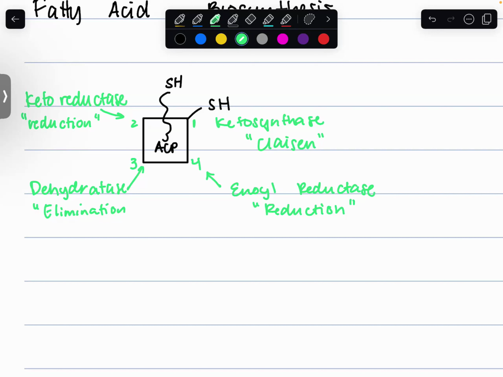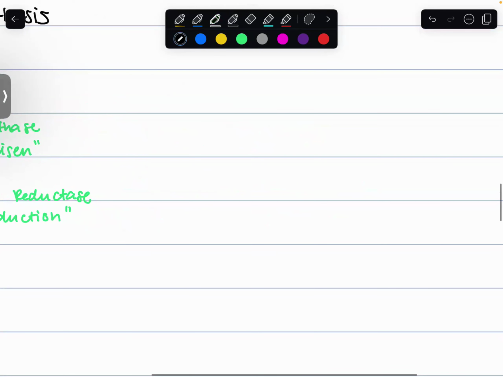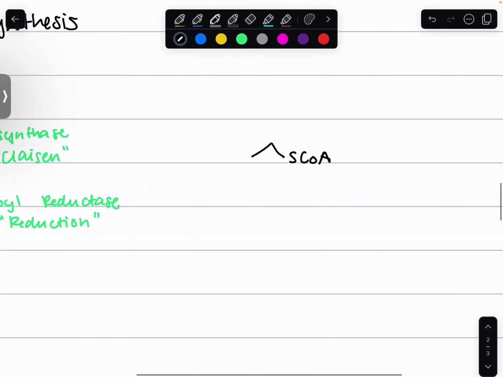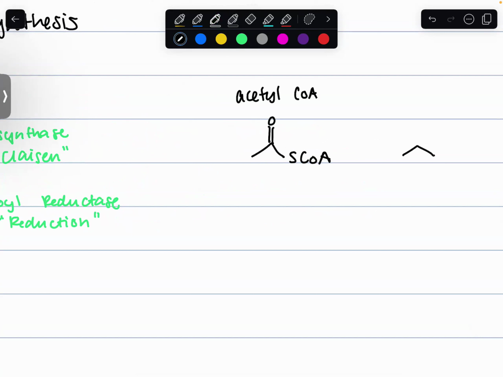So there's 2 parts that come together for the first step of fatty acid biosynthesis. We have this structure, which is called acetyl-CoA. We also have this structure, which is called malonyl-CoA.